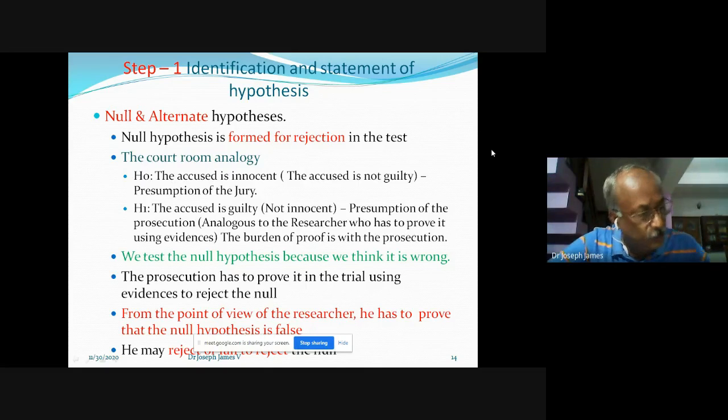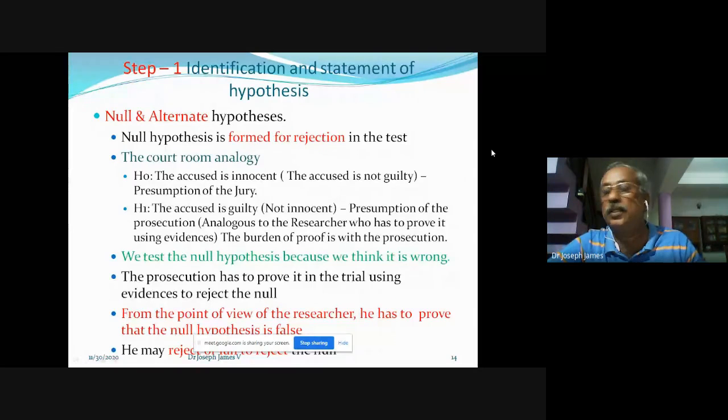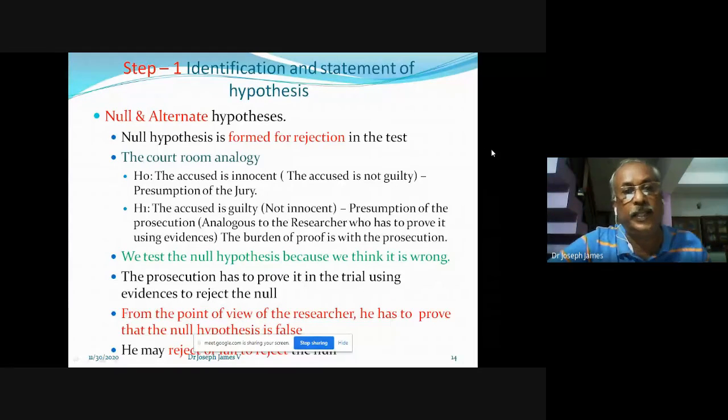You can, of course, make positive statements as the null hypothesis; it need not always be a negative statement, though you can make negative statements also. But when the null hypothesis fails to be rejected, the result is a null result from the point of view of the researcher, because the researcher's hypothesis is H1, or the alternate hypothesis, HA. That is the difference between the null hypothesis and the alternate hypothesis.